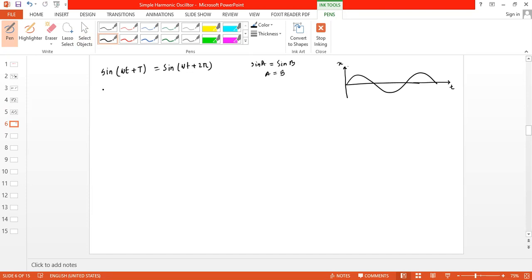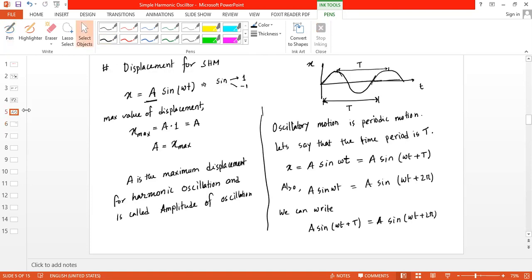So we can say from here that omega t plus capital T equal to... আমি একটা ছোট্ট ভুল করেছি, sorry my bad. Actually this should be for time period.